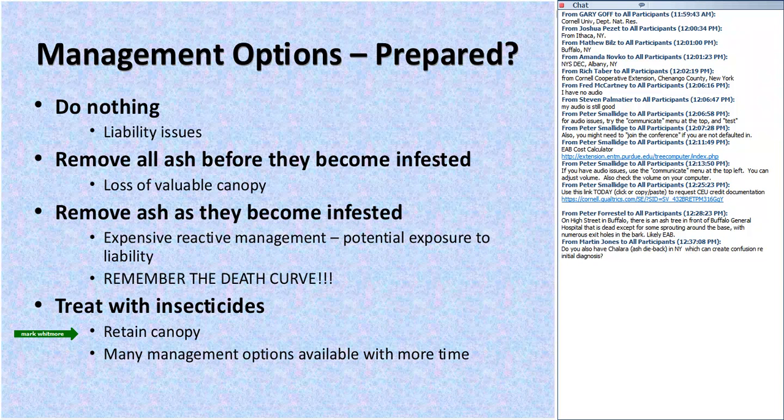And then you can treat with insecticides. People in the Midwest are realizing that retaining canopy is important, and they're treating with insecticides to do that in many areas. We also hope that given more time, we're going to have more options available.